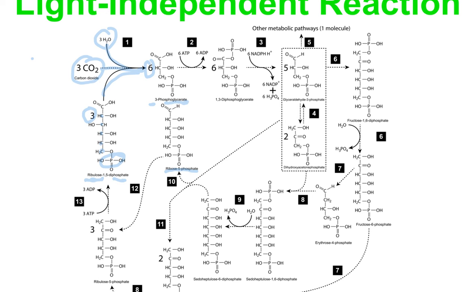And how we do that is by taking ATP and ripping off the phosphate and attaching that phosphate right here. So now we have 6 of these diphosphate things attached, and we're going to use NADPH and take that hydrogen off, making NADP plus.